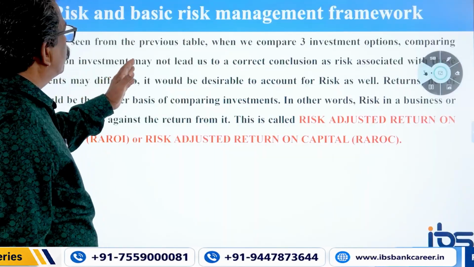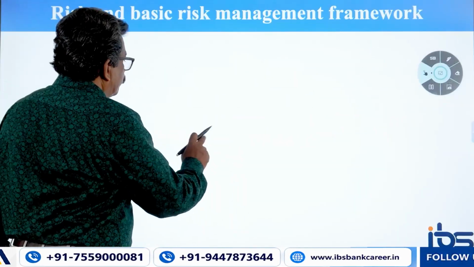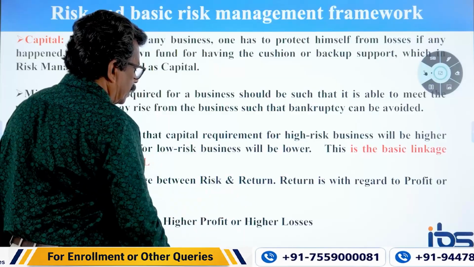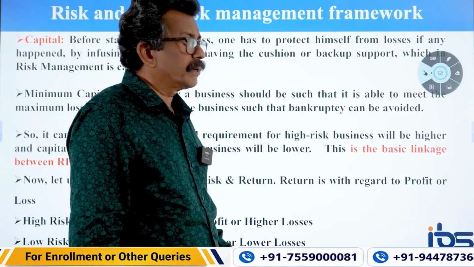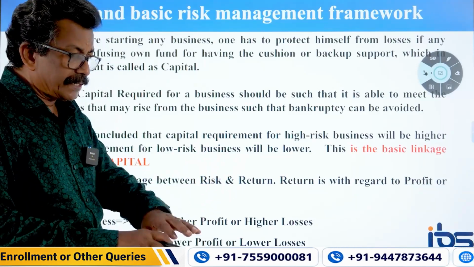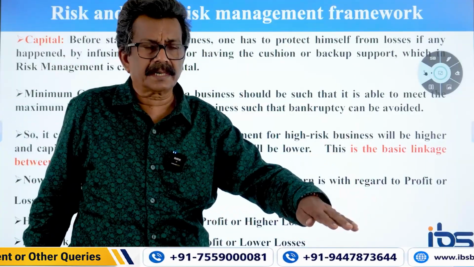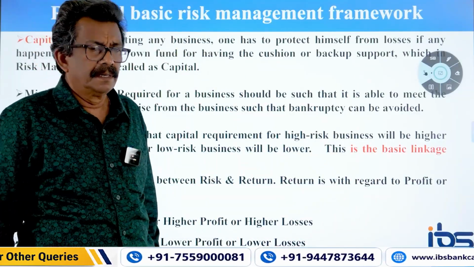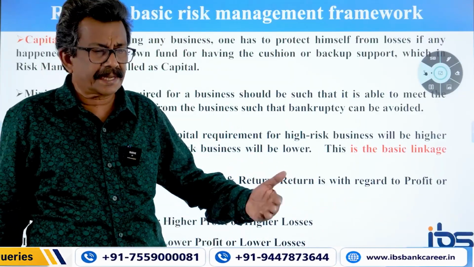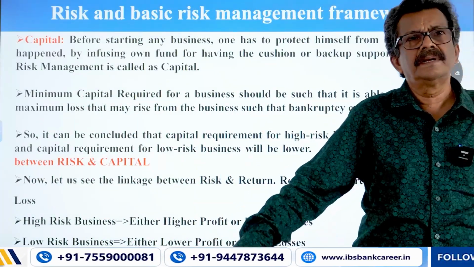As can be seen from the previous table, when we compare three investments, you remember the three investments we compared? Investment 1, investment 2, investment 3. In the first investment we were getting 500 and the cash flows were steady. Every year we got 100, and in 5 years we got 500 as the net cash inflow. Then the second investment was the same kind of investment, but the cash flows were fluctuating.